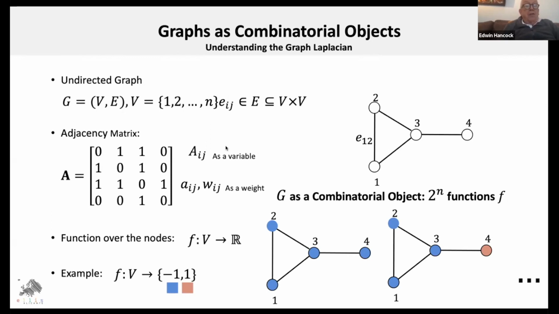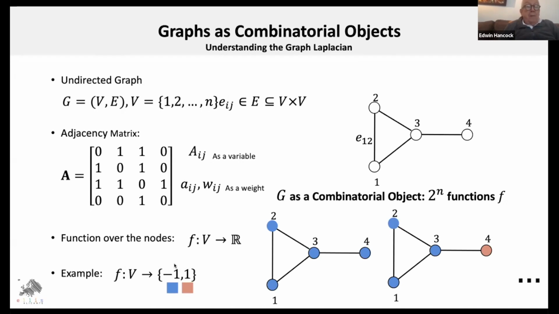So what I want to do is to talk about what happens if we define functions on the nodes in the graph. So what I'm going to define is a function f, which takes me from the node set of the graph onto the set of reals. And for instance, and used throughout this talk, we're going to consider the case where the function f from the node set is onto a binary set which has elements -1 and +1.